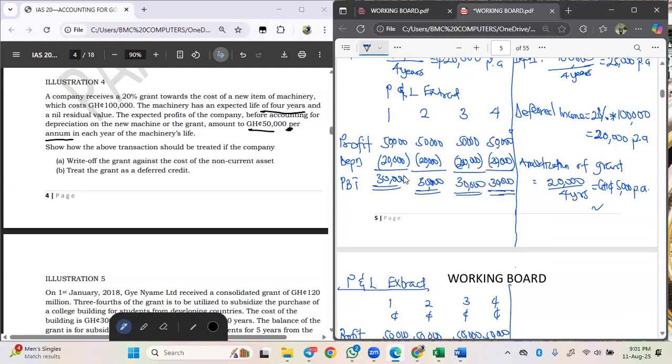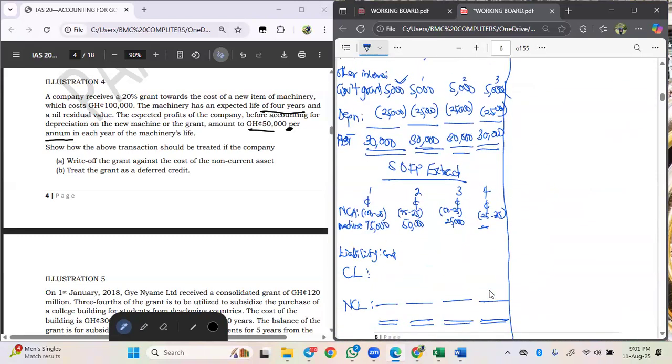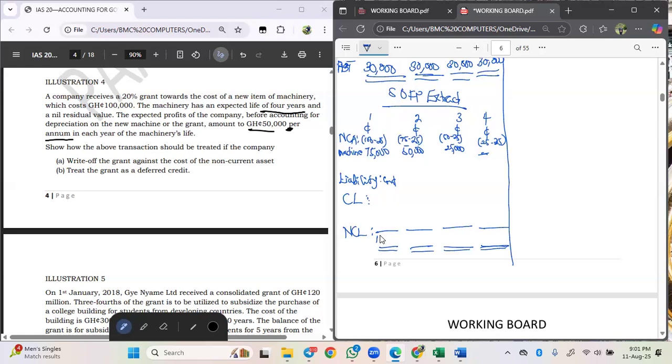In the first year, we've already transferred 5,000 to the P&L, so we are left with 15,000.